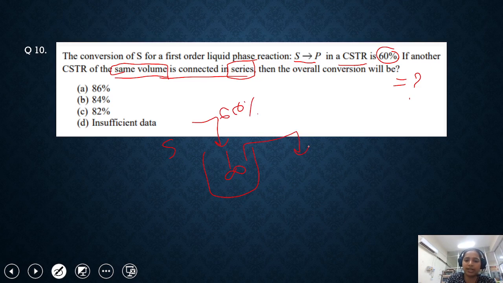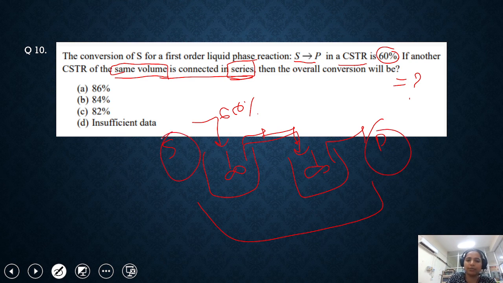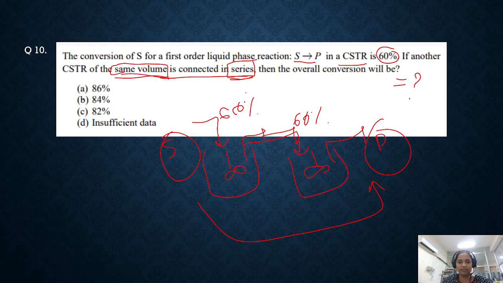Then one more reactor is connected in series. What do we mean by connected in series? It means that whatever product is formed will again be used as a substrate here, and finally the product is formed here. So this reaction is occurring twice before forming the main product. From substrate to product, it is going through two reactors. Here also 60% conversion, because all the conditions of this given reactor are the same.